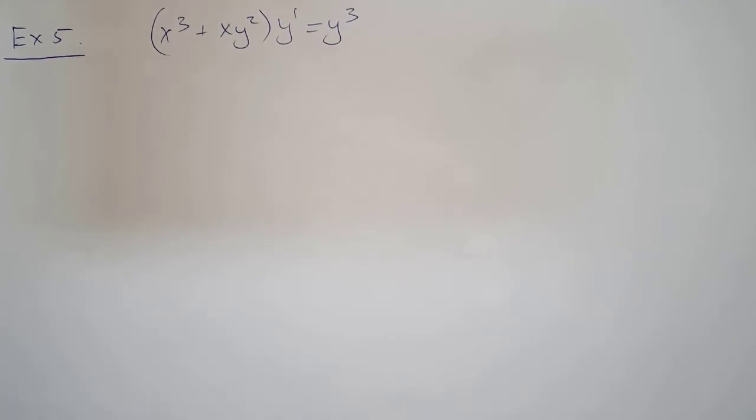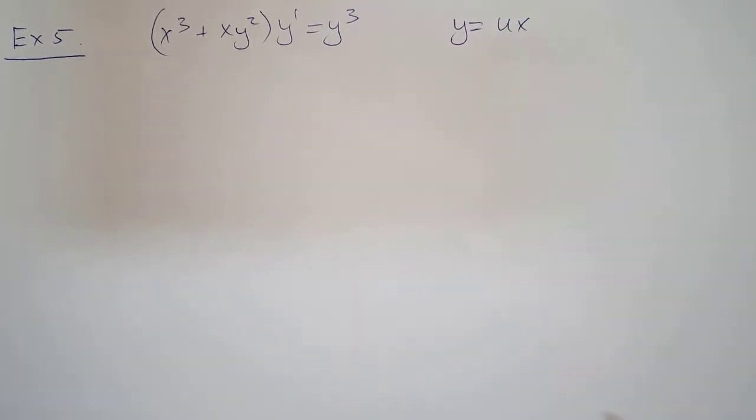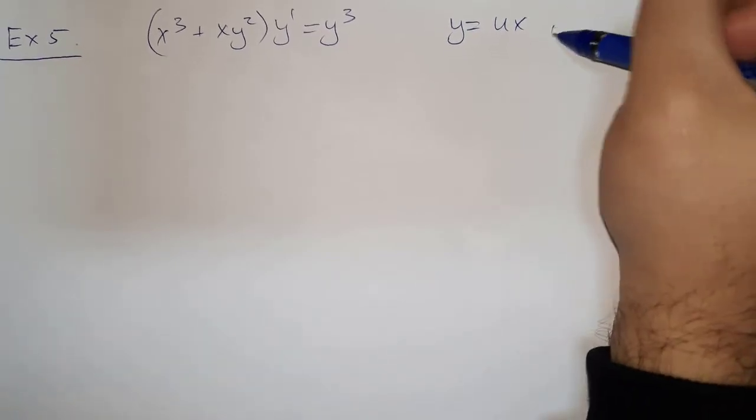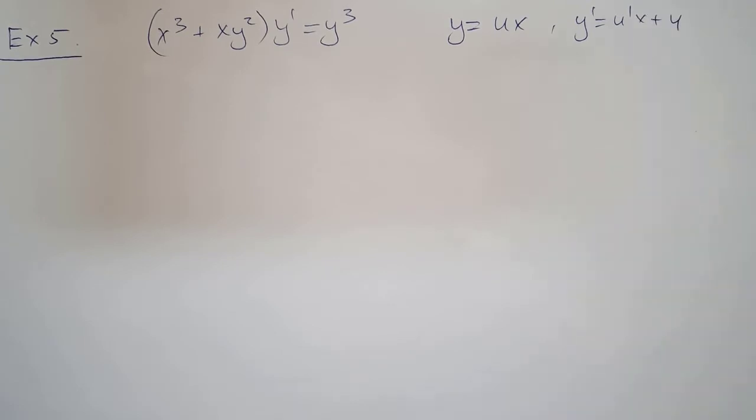Here it's easy to see that this is a homogeneous differential equation, and we can substitute y is ux. Okay, and y prime is, again, u prime x plus u.